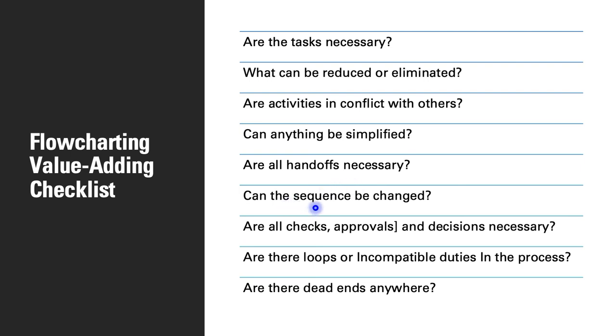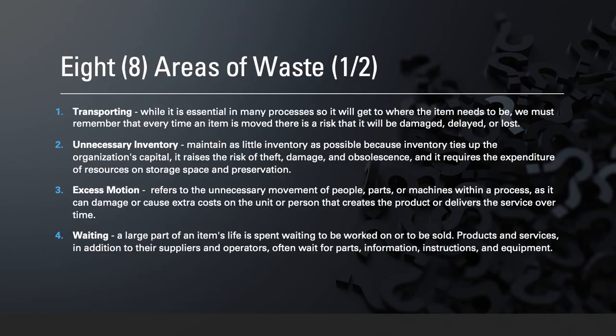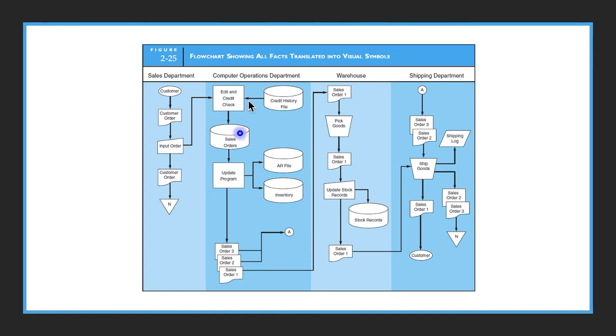Okay? And then the next, can the sequence be changed? Baka kasi mamaya 'no, yung sequence na hindi logical 'no. For example, ganito, baka mamaya kasi, meron tayong kunwari, ang puwede nating example dito, before we can serve the order to the customer, dapat dumaan siya sa credit check, dapat tinignan kung merong stock record.